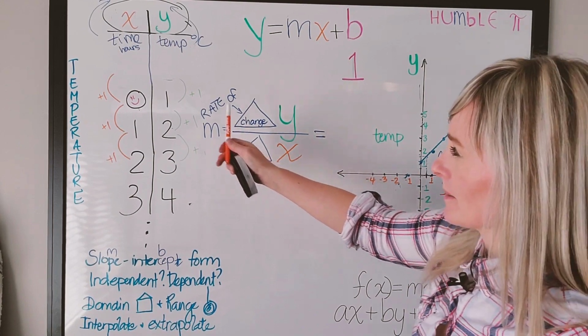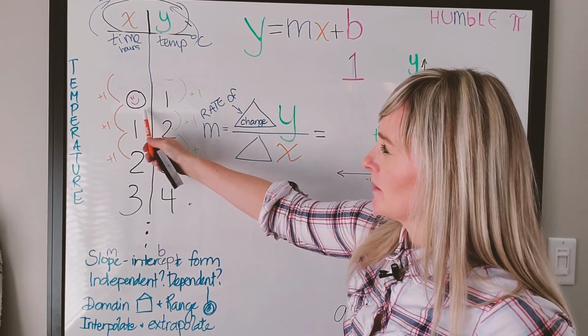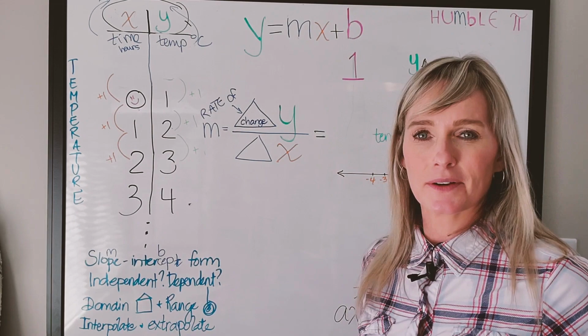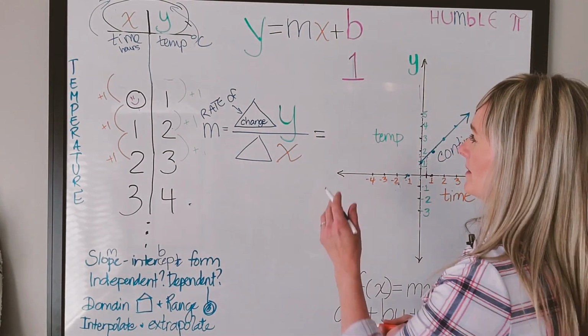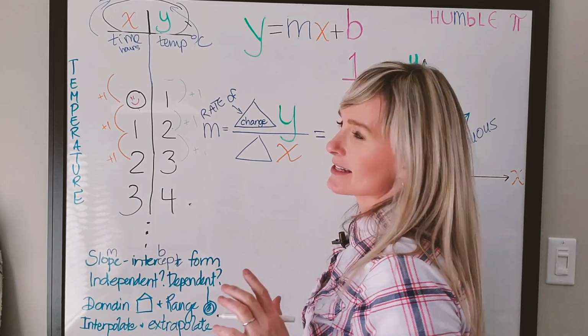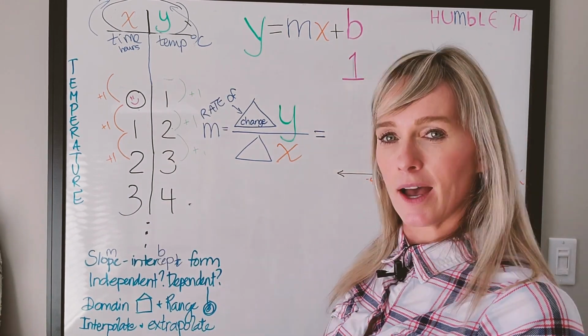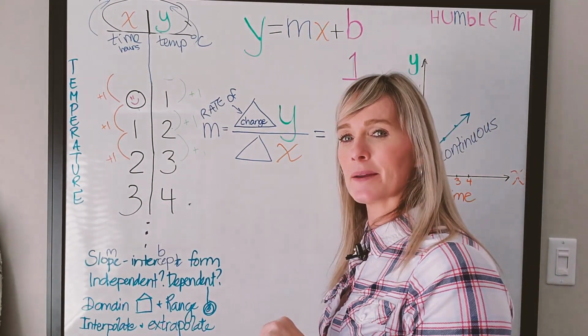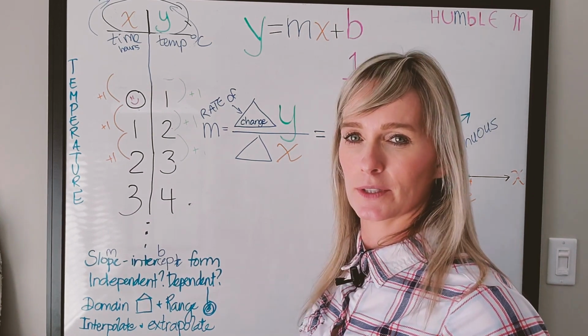So back to talking about a function. Which one is dependent on the other? If I'm talking about our y values, that's temperature. Is temperature dependent on what time you're looking at, or is time depending on what temperature you're looking at?